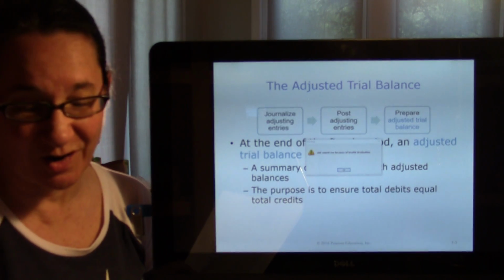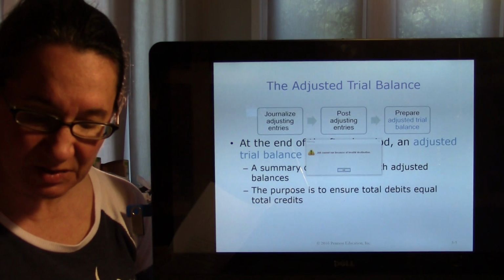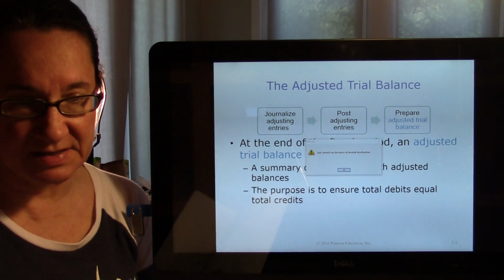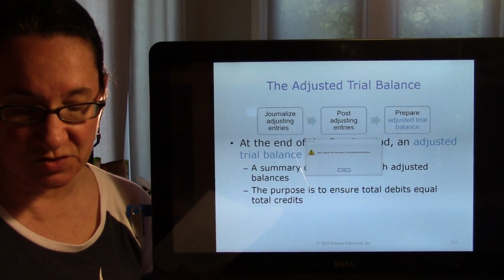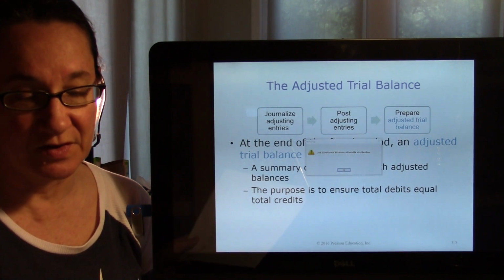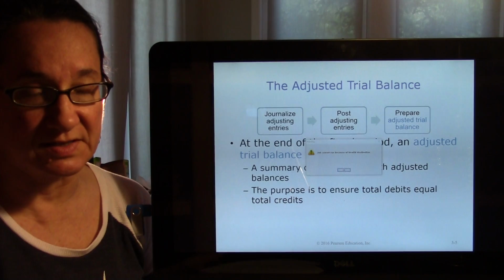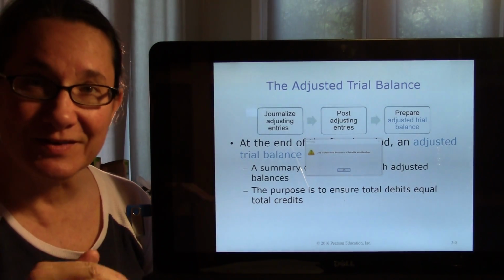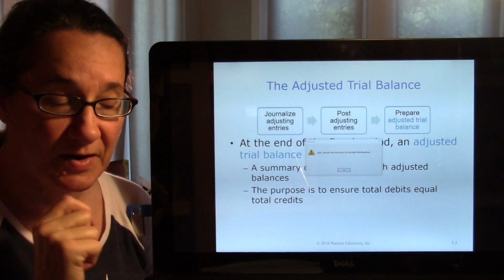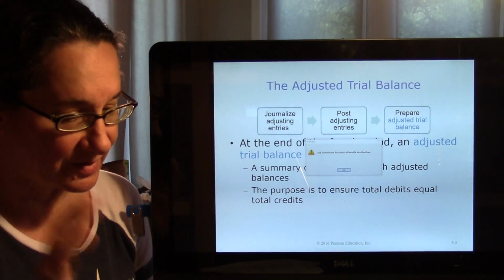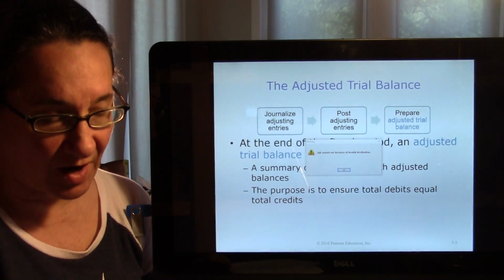Even if the debits are equal to the credits, there could still be some errors in the journalizing or posting process. The adjusted trial balance is used to create the financial statements prior to the closing process. So next chapter, we're going to talk about the financial statements and closing the temporary accounts. But for now, let's stick with our trial balance.